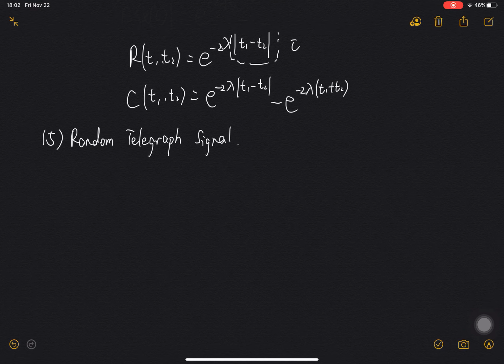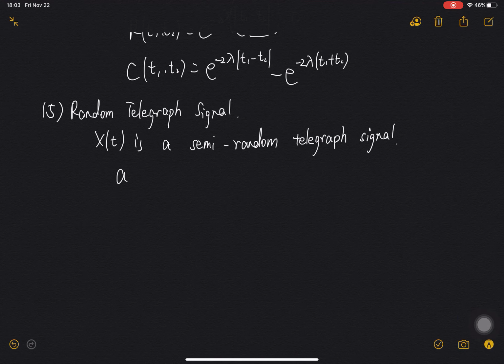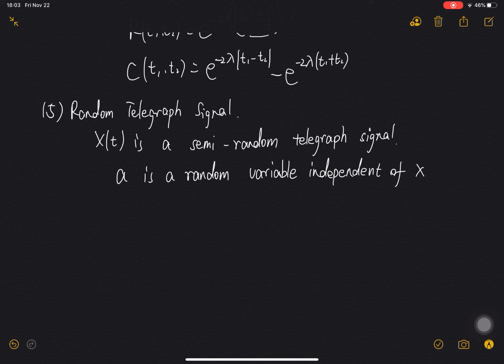So, for example, let's say X(t) is a semi-random telegraph signal, and A is a random variable independent of X(t), and the probability of A to be 1 equals the probability of A to be minus 1, which is 1/2.